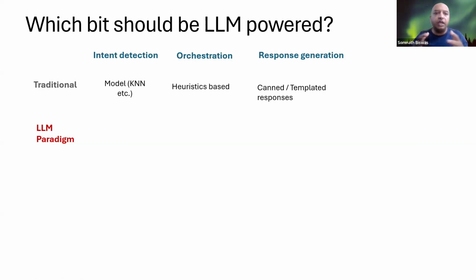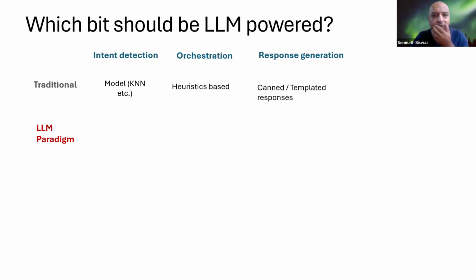Traditionally you would have a rules-based approach, or you could have an NLP model. Your orchestration traditionally is where you define a predefined flow, so it's rules and heuristics based, and responses, whilst you have dynamic elements coming in, are by and large canned responses. So this is the traditional, pre-transformer, 2015, 2018 kind of approach.